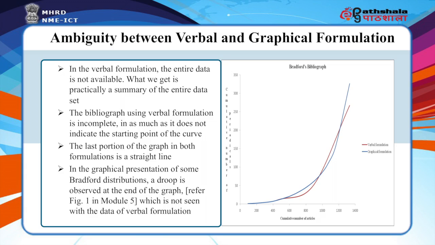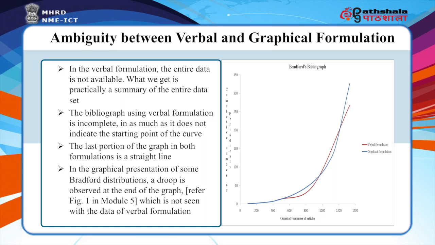Slide 14. Comparing the two bibliographs, we find the following. In the verbal formulation, the entire data is not available. What we get is practically a summary of the entire data set. The bibliograph in figure 2 is incomplete inasmuch as it does not indicate the starting point of the curve.